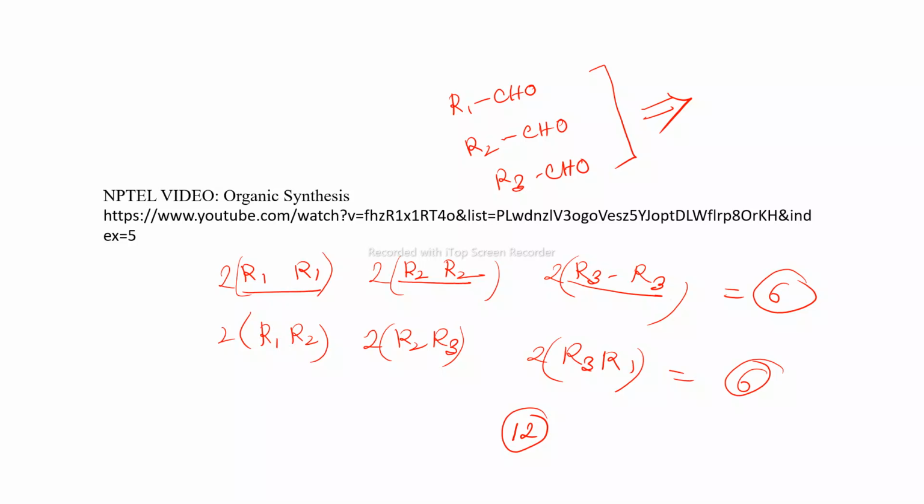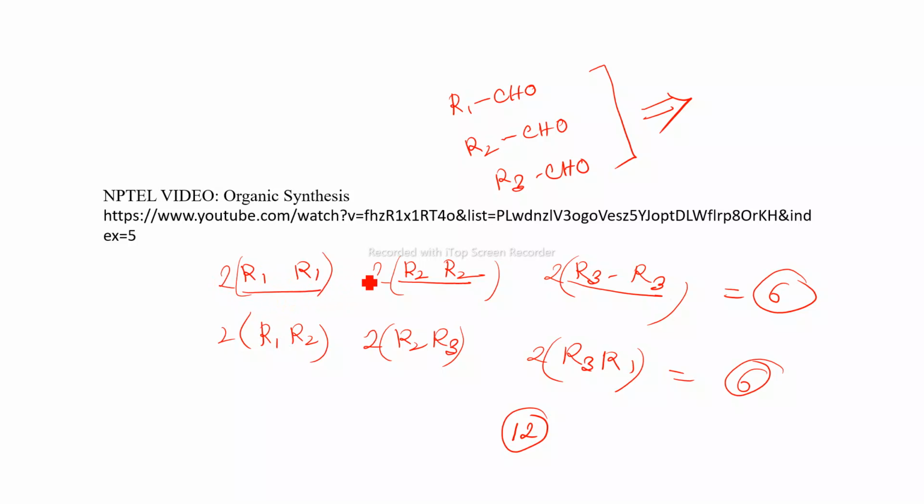Tell me whether it's clear or not, otherwise I can explain again. So we are now taking these three types of substrate, R1CHO, R2CHO, R3CHO, and we are doing the McMurry coupling. How many types of alkene are possible? First time R1 is coupled with R1, second time R2 with R2, and third time R3 with R3.